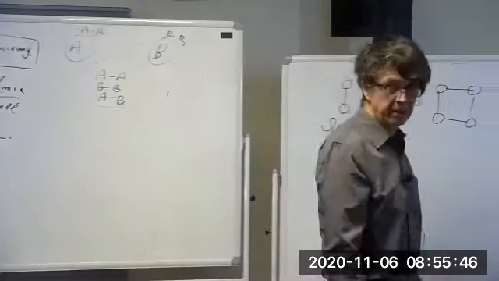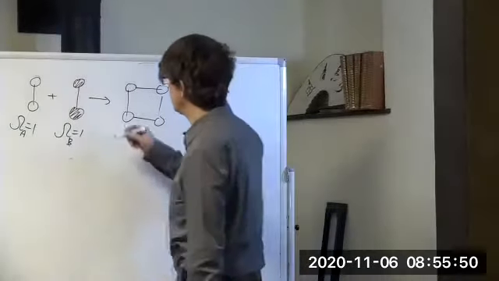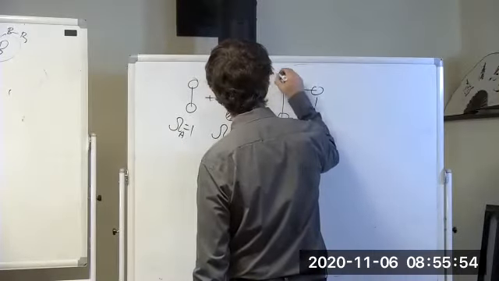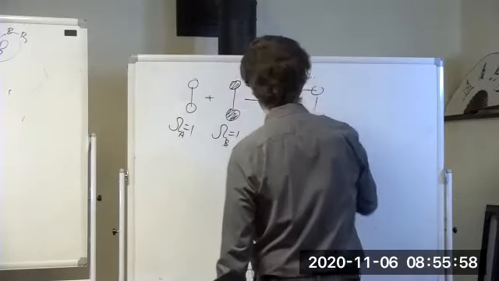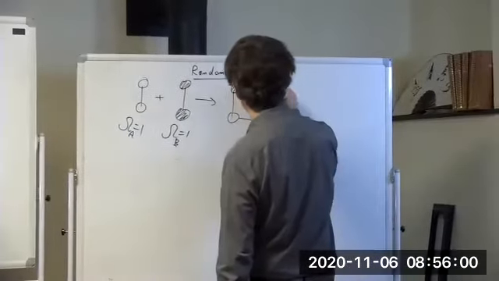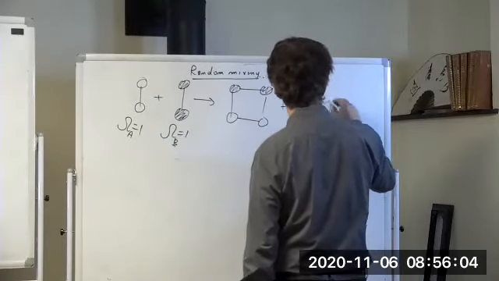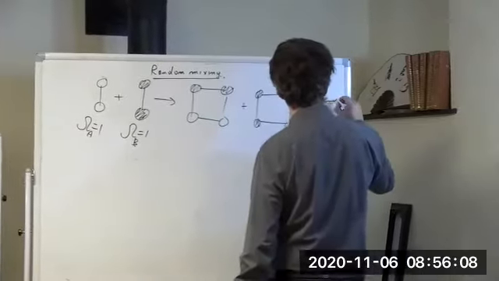But once I mix them, I have a lot of possibilities. If I assume that they randomly mix, so they have no energetic preference, they can take on a bunch of configurations here, this, and I can keep on going.